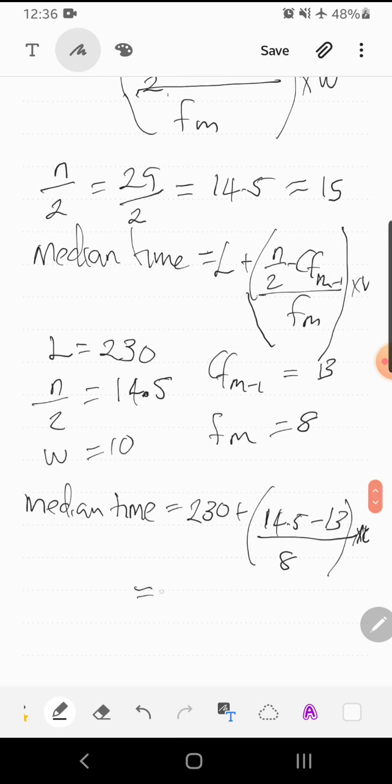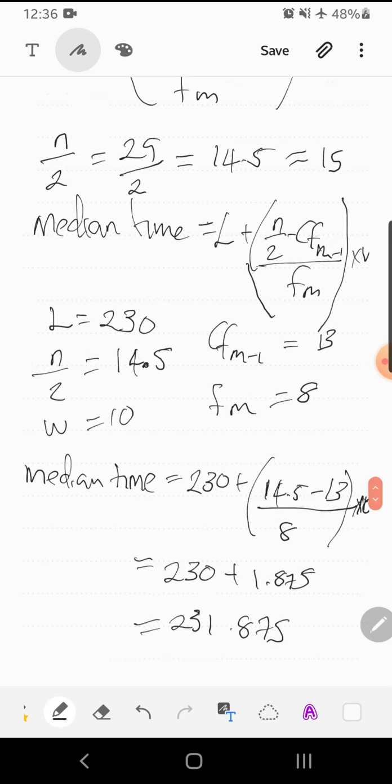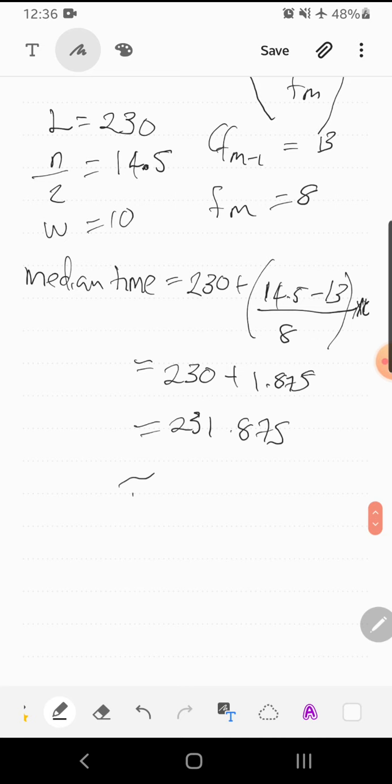Okay, so this gives us 230 plus 1.875, and it gives us 231.875, which can be approximated as 231.88. Okay, so that's how we get the median.